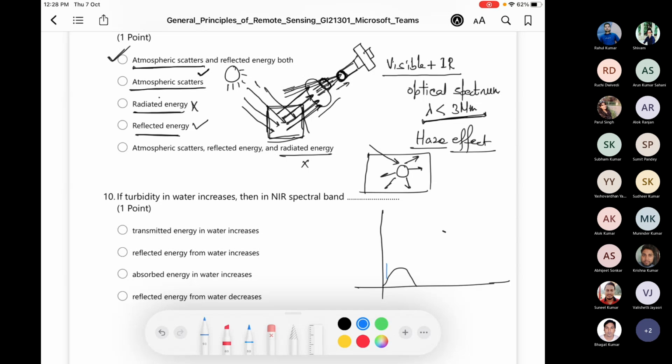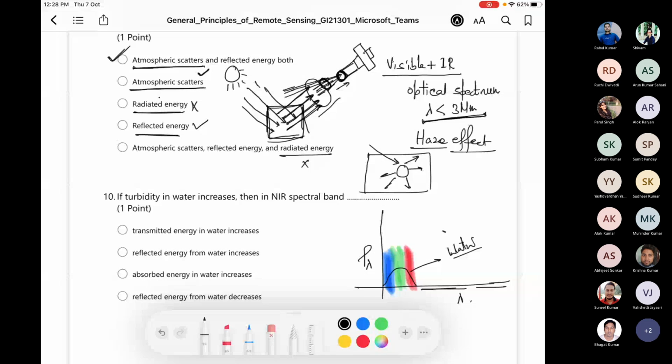Reflectance from water is only there, and the highest we get is in the green band. This is the blue, then we have green, and then finally red. After that we have the IR band, infrared band, then microwave. It is 0. This is the reflectance of water.